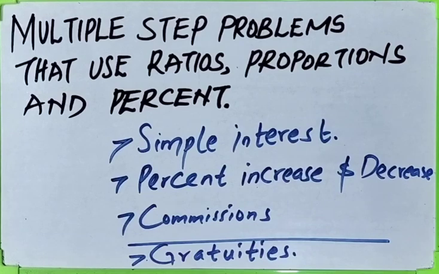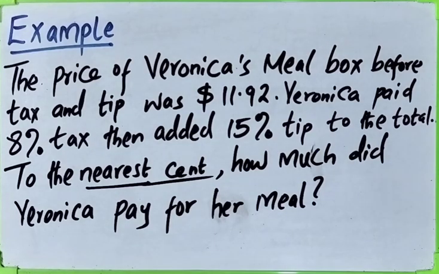Example. The example is a word problem, and of late we are doing quite a number of word problems that will test on your comprehension of the question and also ability to gather information from the statements that you're given.